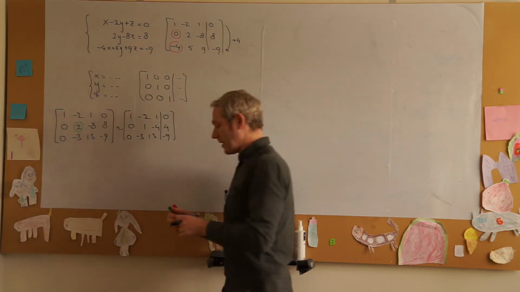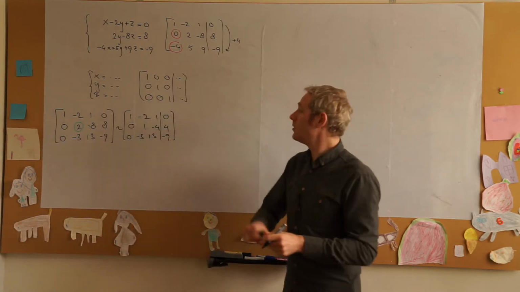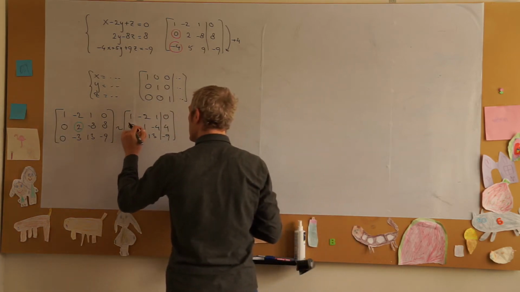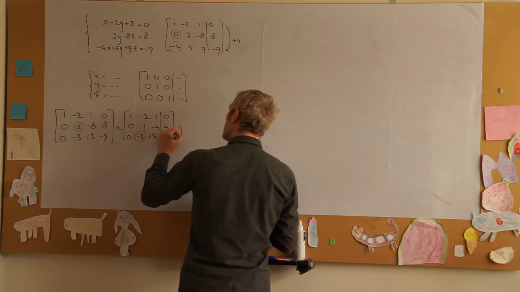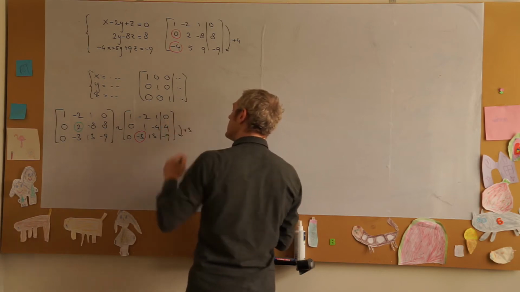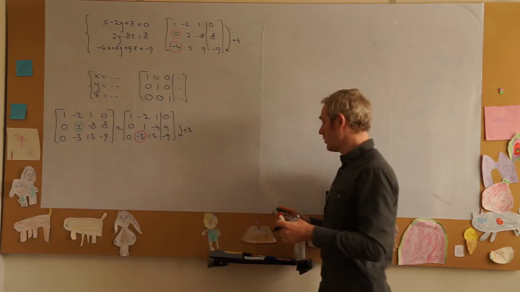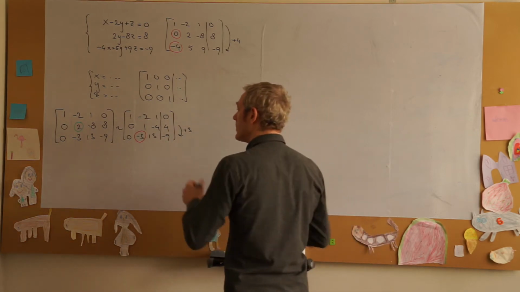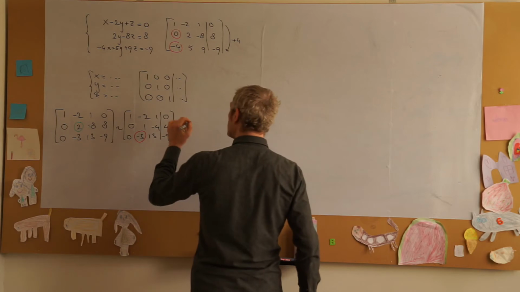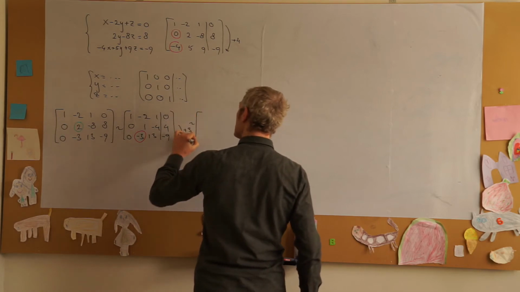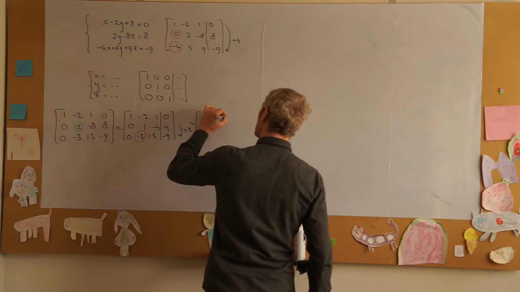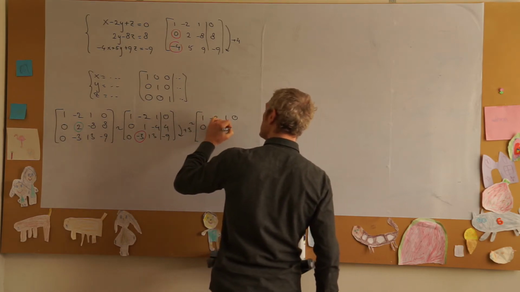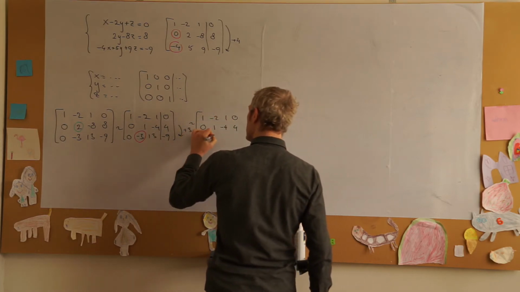Now, the next step is to continue to work towards that form. I want a 0 here, and I can achieve that by adding the second row 3 times to the third, which gives us, well, the first 2 rows don't change, so I can copy those. 1, minus 4, 4, 0.